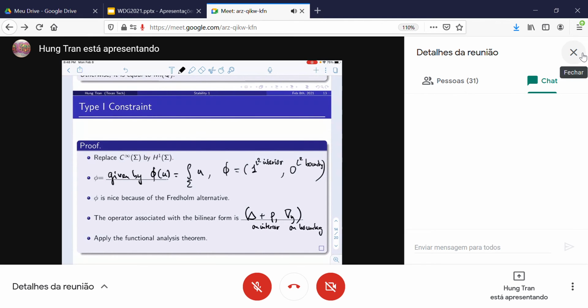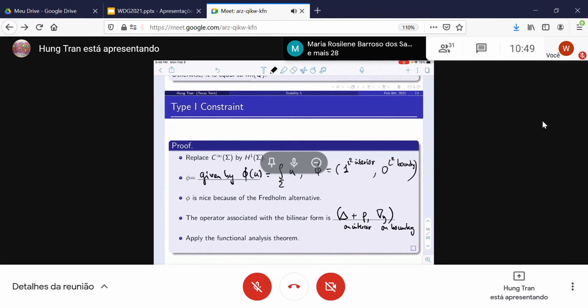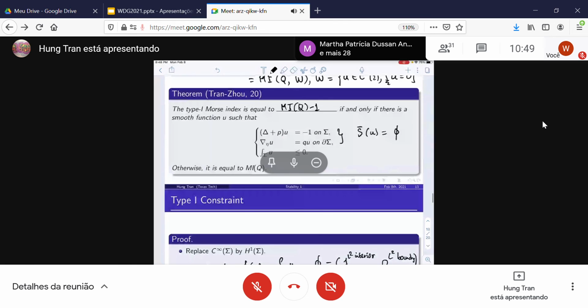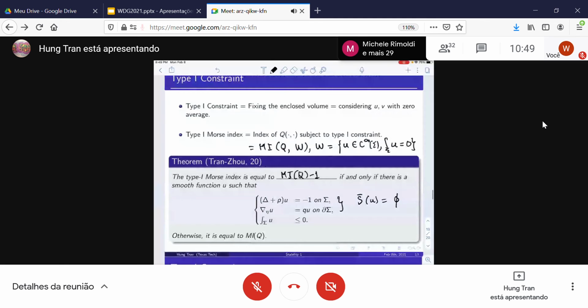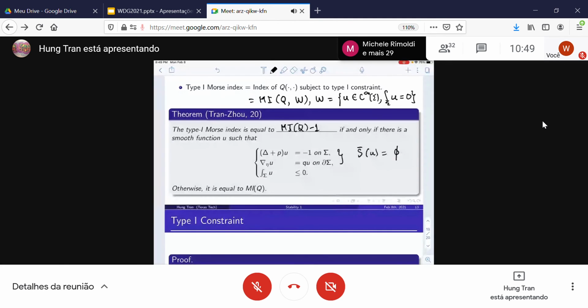And so when you set the operator of u equal to phi, then you arrive at this PDE. And the last condition corresponds to the condition that phi of u is smaller than or equal to 0. So the theorem here follows immediately from the abstract theorem we had earlier, just by interpreting the constraint accordingly.